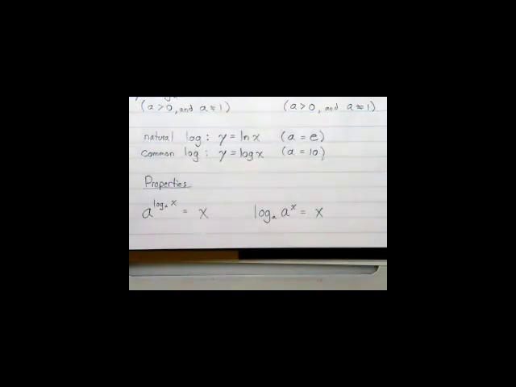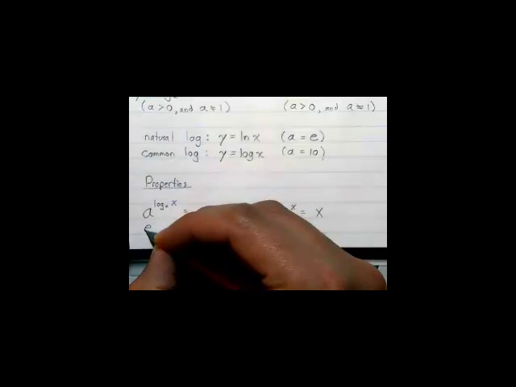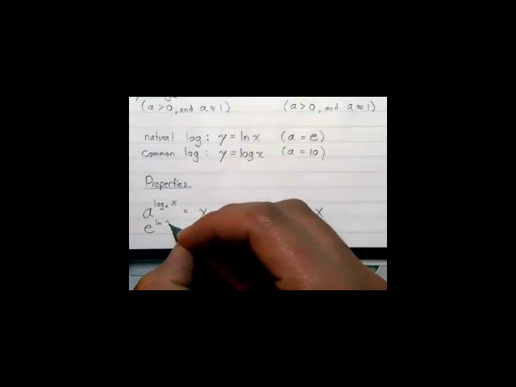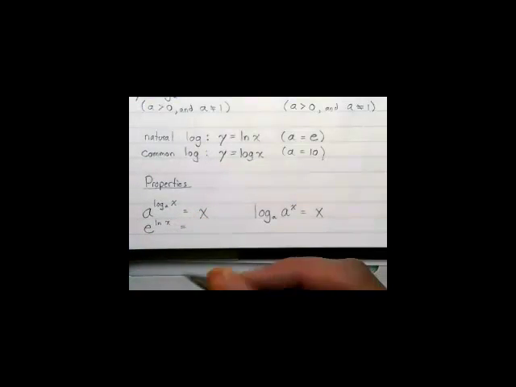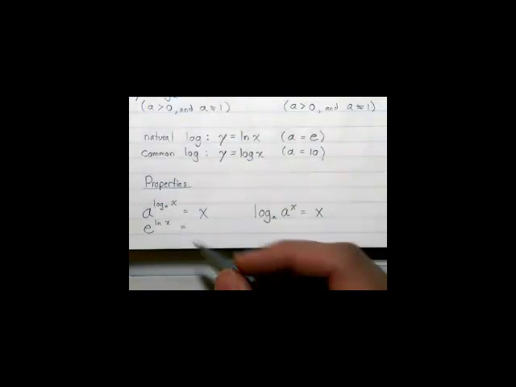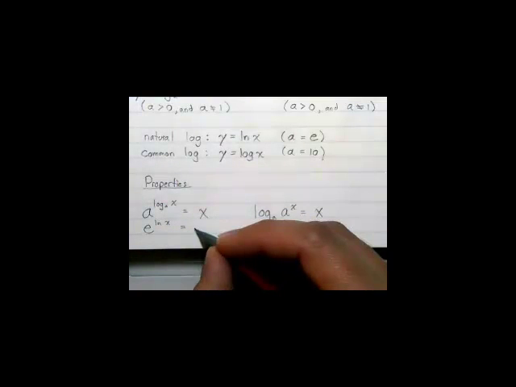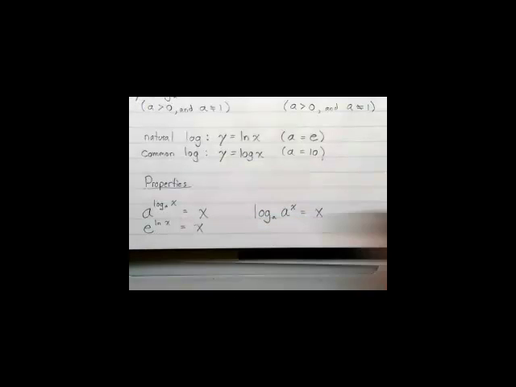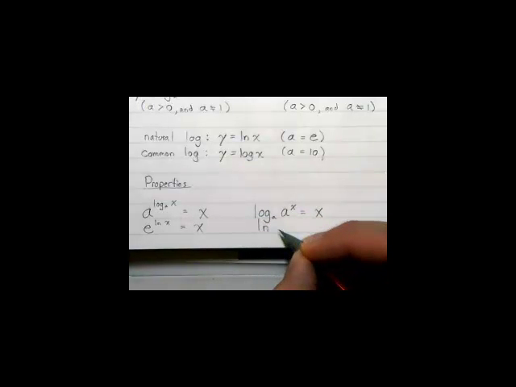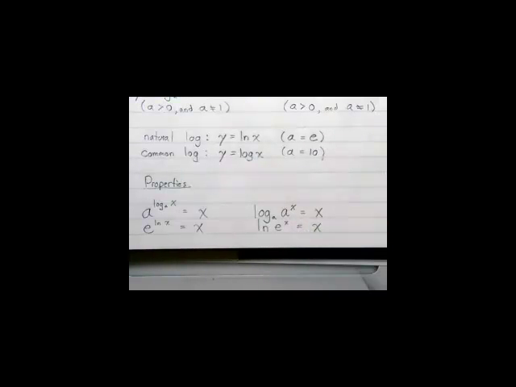Those two operations cancel each other out. Works the same way if you're doing natural logs. I mean, they're both the exact same. It's using a base of e, but it's good to kind of see it. e to the natural log x is also just x. It's the same rule. And the natural log of e to the x is also just x. Works the same way. Okay?